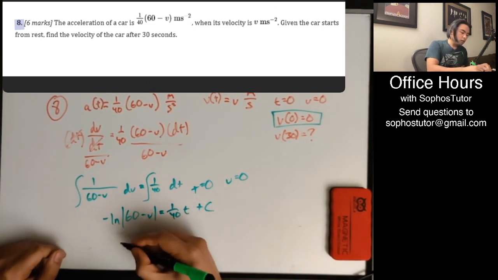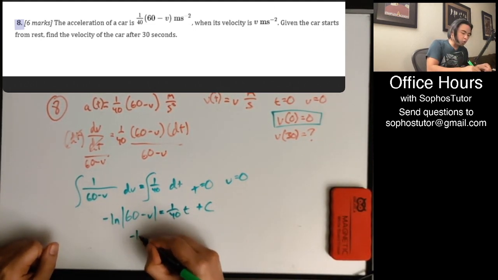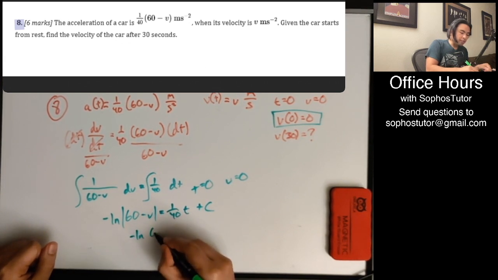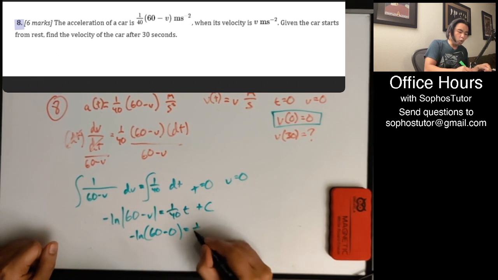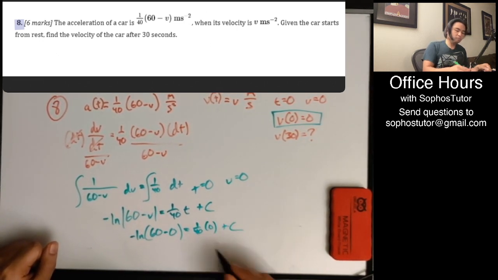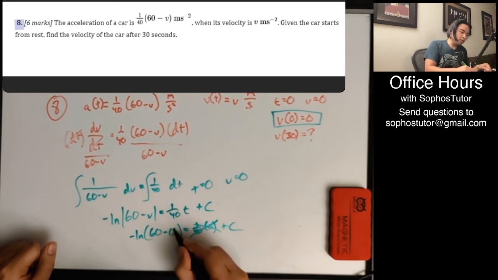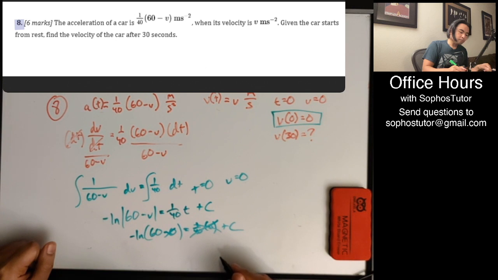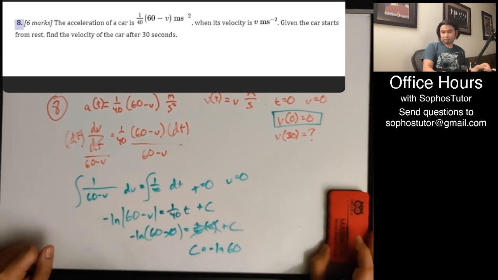So we're going to get the negative natural logarithm of 60 minus 0 equals 1 over 40 times 0 plus c. Well, this is going to go away. This is going to go away. And so we end up getting c is equal to the negative natural logarithm of 60.